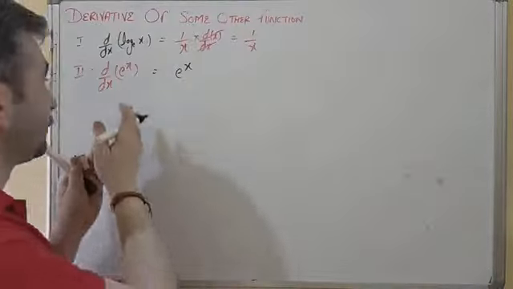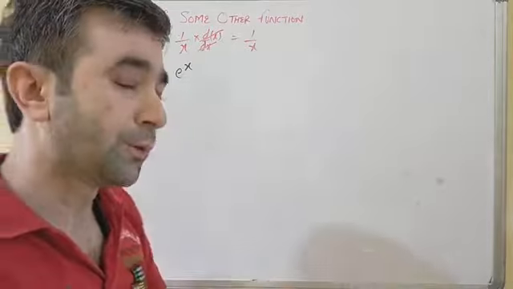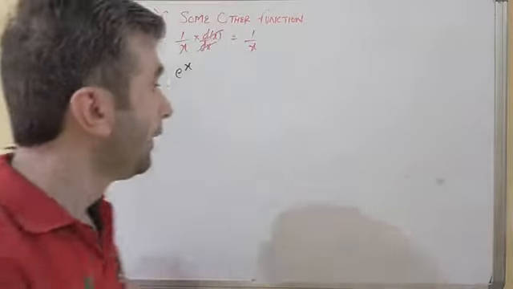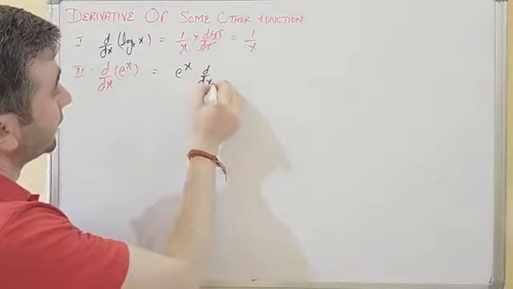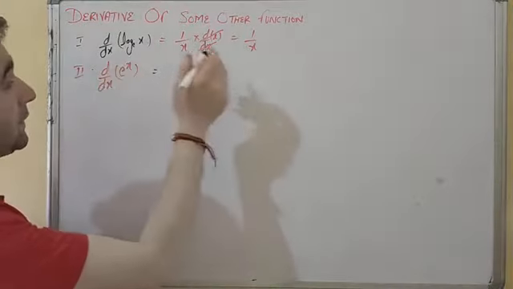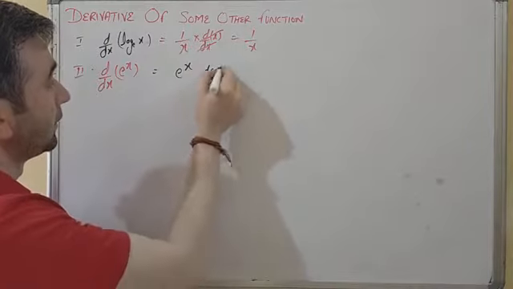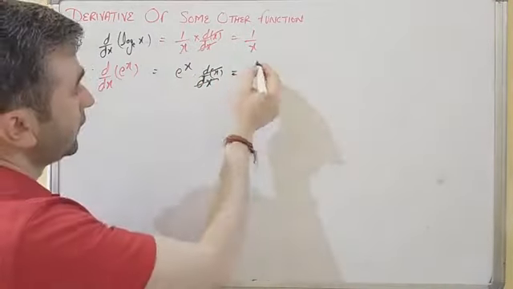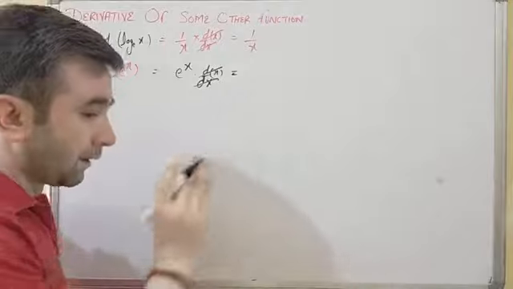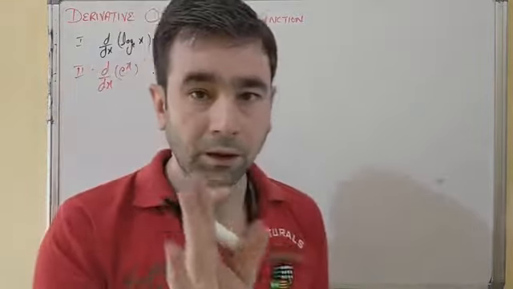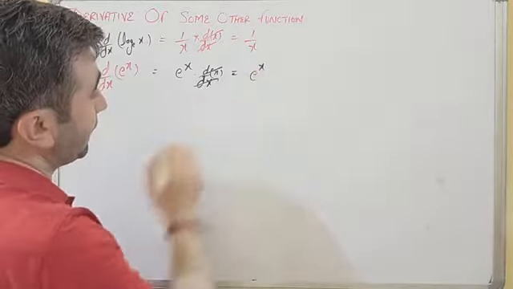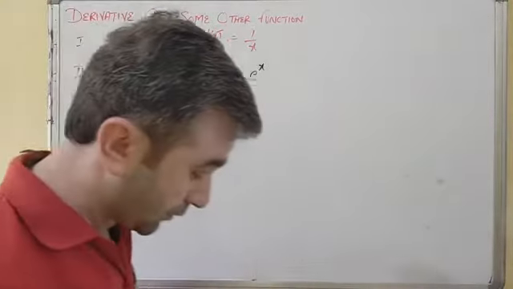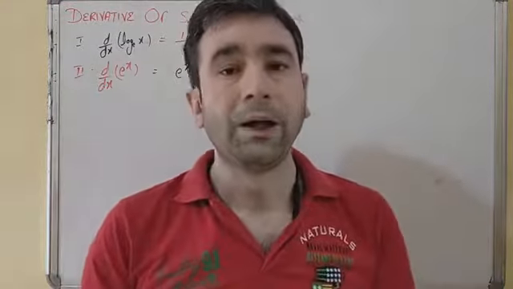The derivative of e raised to power x remains as e raised to power x, multiplied by the derivative of the variable. The variable here is x. Usually this is not written. I am just trying to tell you that the derivative does not end up here. So this will come out to be e raised to power x.